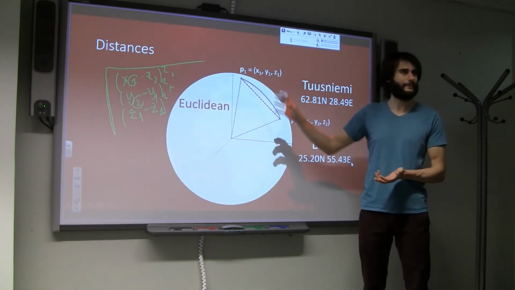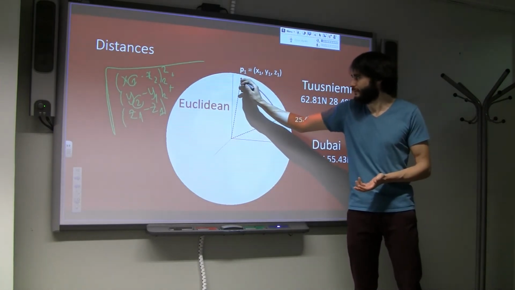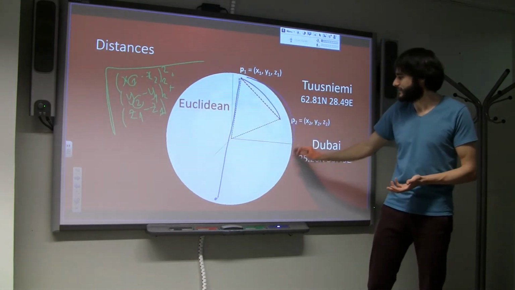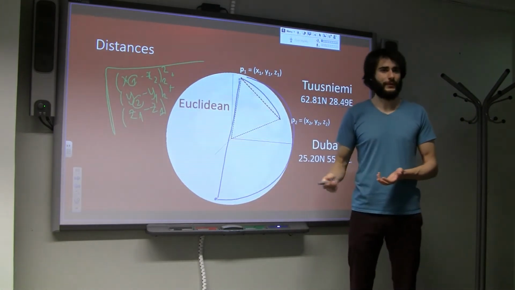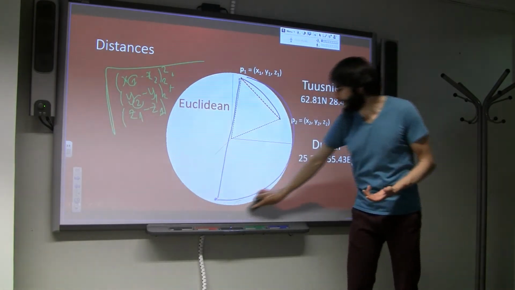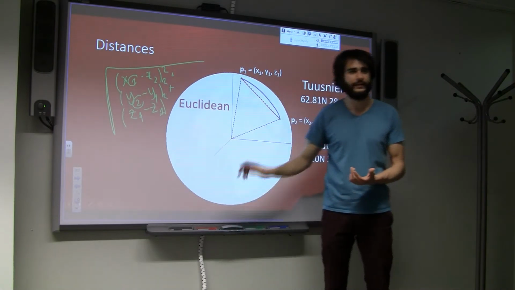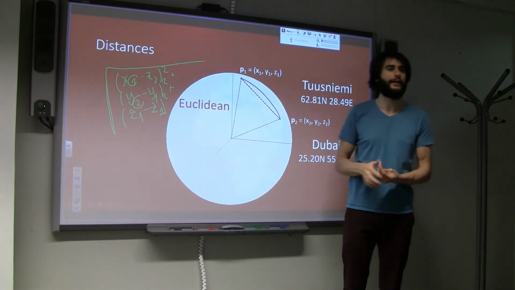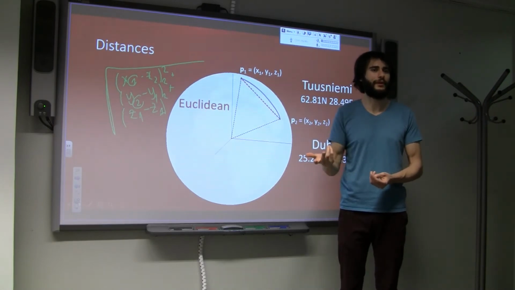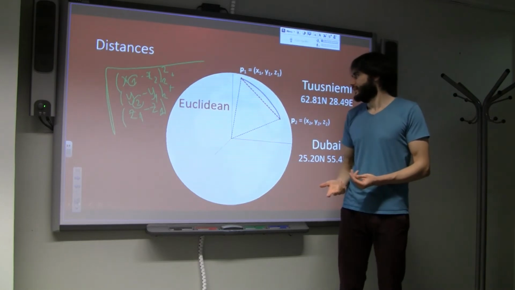But to Dubai, or to the other side of the Earth, you can see that from this point to the opposite point, it's quite a big difference. So the bigger the distance between 2 points on the surface of the Earth, the more important it is to learn to calculate this blue line. But for applications like finding the nearest restaurant, you wouldn't really need it.